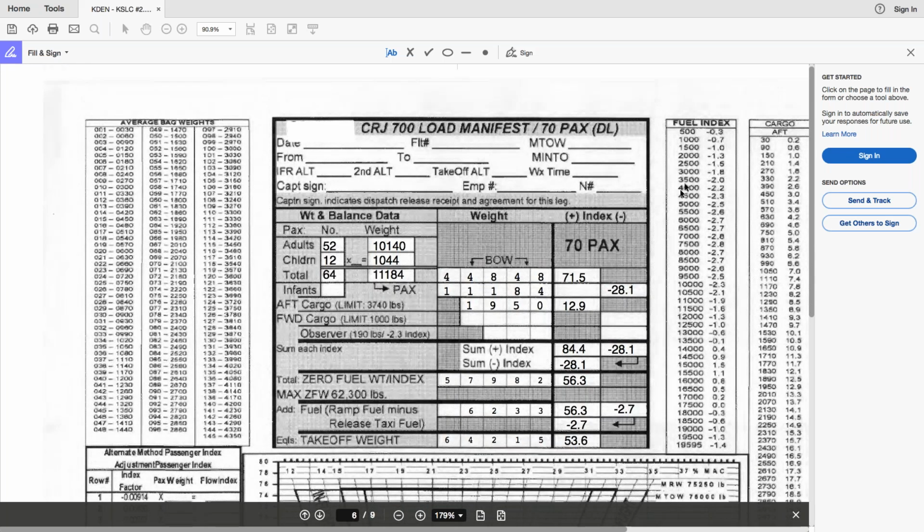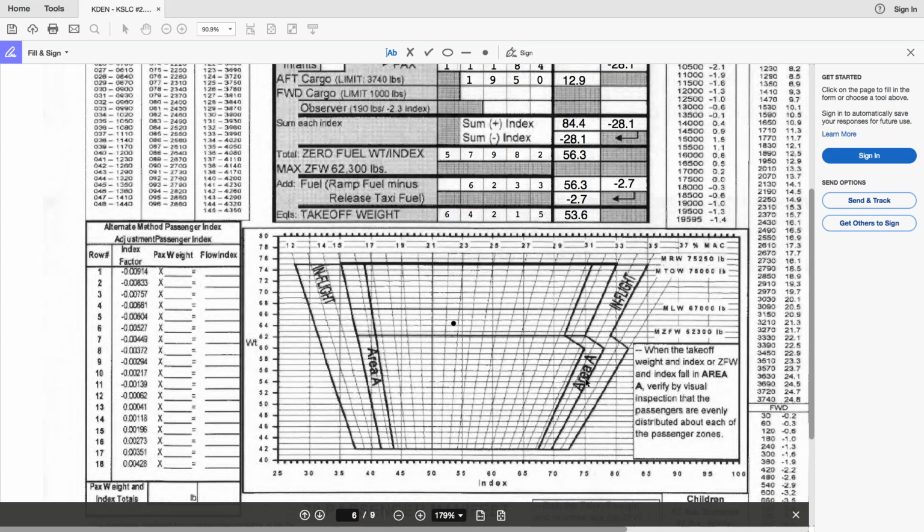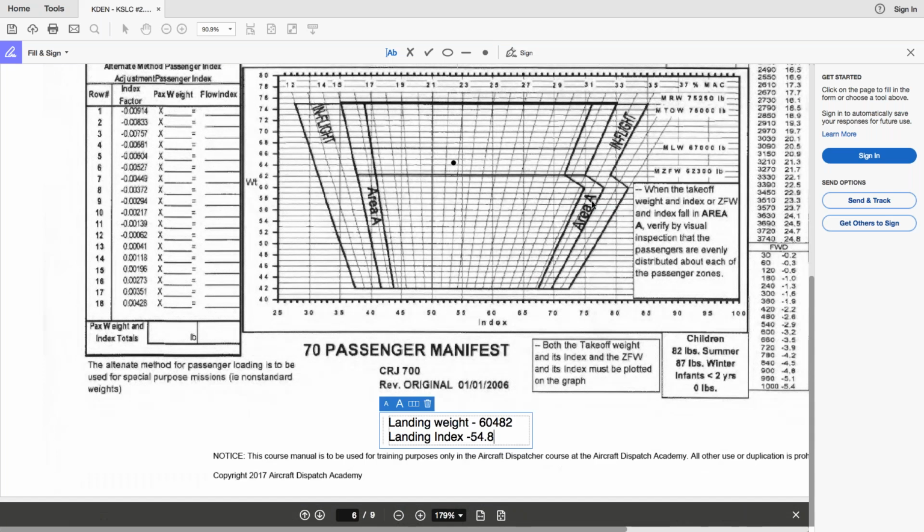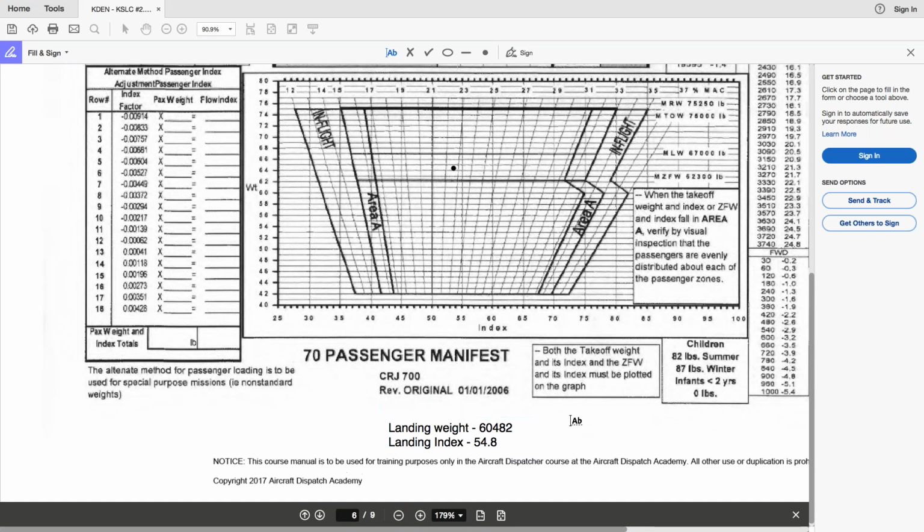Okay, landing index comes to, well, it's 2,500 pounds, right? So 1.5 minus 1.5 instead of 2.7. 54.8. Okay. That's our estimated.